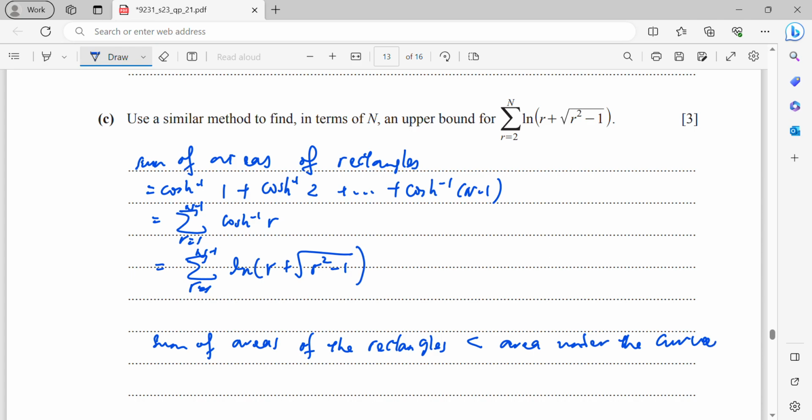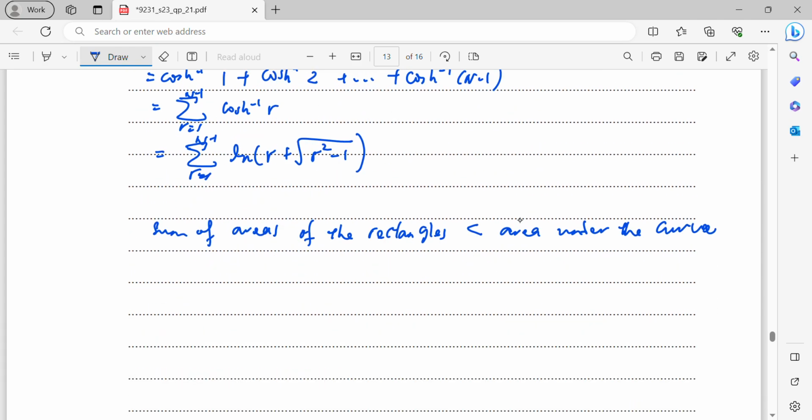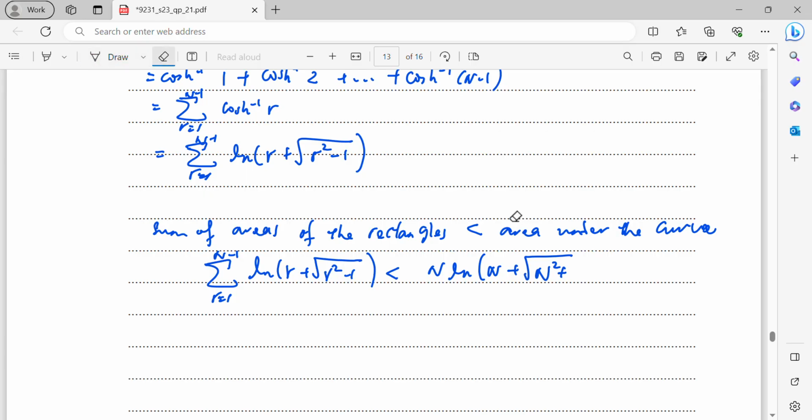Alright. So from here, I will just write summation r from 1 to n minus 1 of ln of r plus square root r squared minus 1 is less than n ln n plus square root n squared minus 1, minus square root of n squared minus 1.